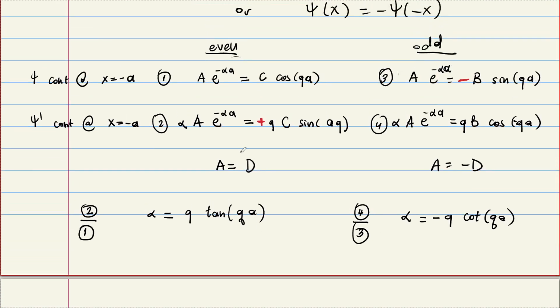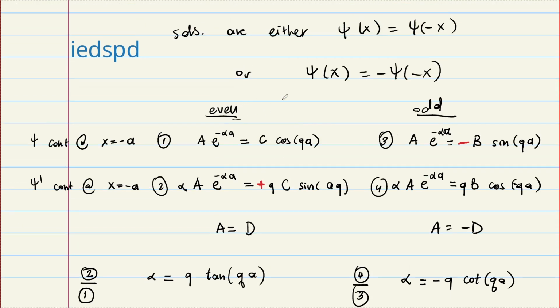So I am saying we need to choose either even or odd solutions. Inside there is something like this. Outside, let's think about the first one, right? This one is even. That's why the coefficient here should be equal to the coefficient here. And let me draw an odd solution. The odd solution is something like this, right?